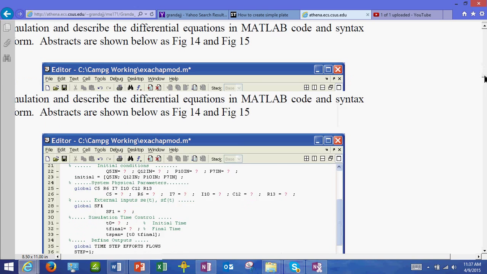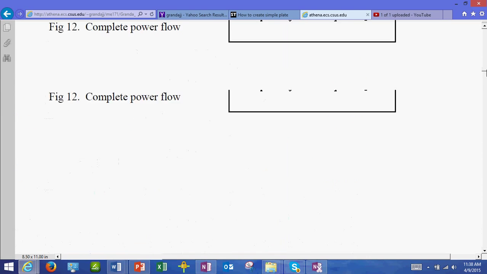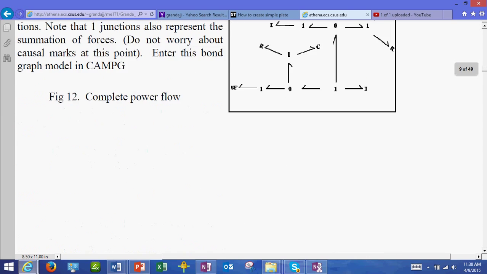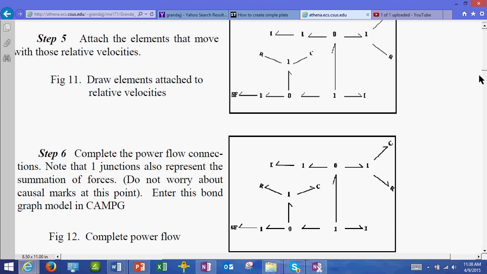So you could complete a bond graph model like this.